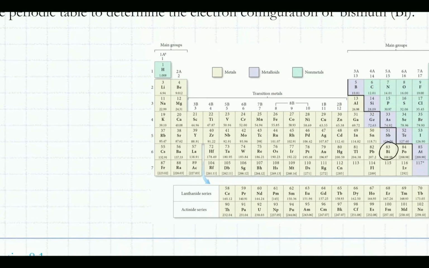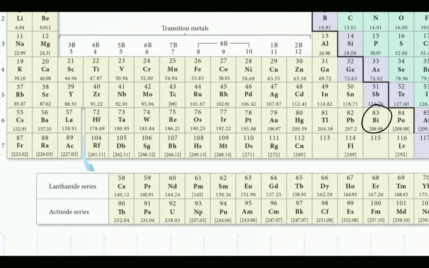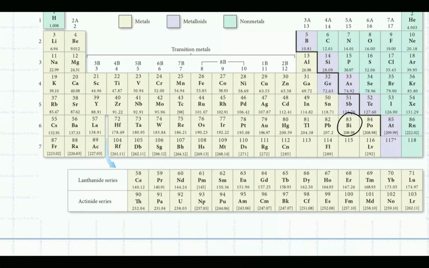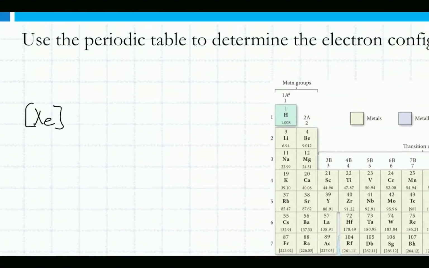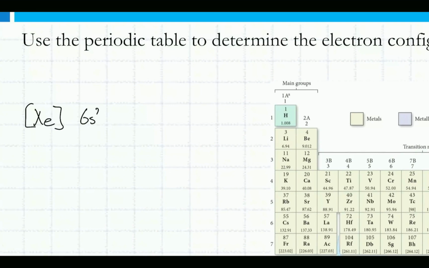Now, which other blocks are filled before bismuth? S and D, so 6s2, and then what would the D block be? It's 5d10.